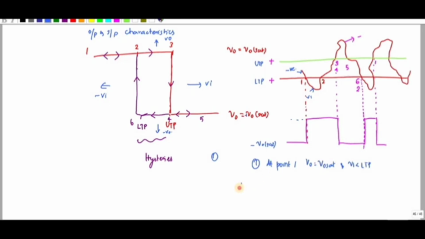The second point: what is the value of V0 at point 1? It is V0 saturation, the positive value. The positive value stays the same until it reaches the next point. From point 1 through 2 and 3, V0 is equal to V0 saturation.